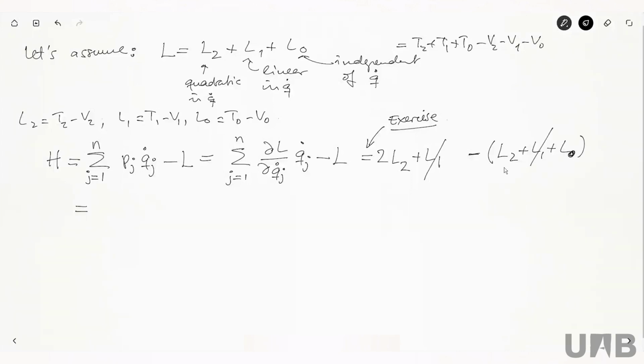The L2 almost cancels out: from 2L2 you get L2, and then you get L0. So the Hamiltonian knows nothing about the linear term in Q dot. This is going to be interesting. H does not depend on L1.